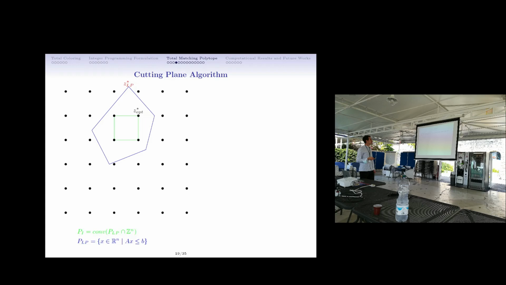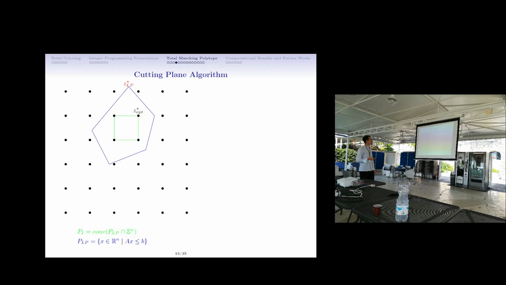In this case, first we can consider a linear relaxation of optimizing that linear function over the green polygon, and we can solve a linear problem to get the optimal value z and p in the blue one.